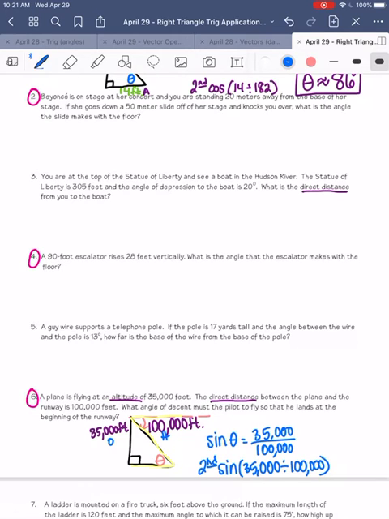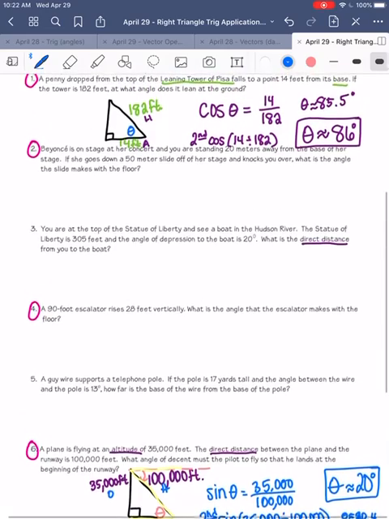I actually could have reduced that fraction if I wanted to, but that's okay. When I round, I get 20 degrees approximately. It was 20.4, and that 4 does not make it round up.